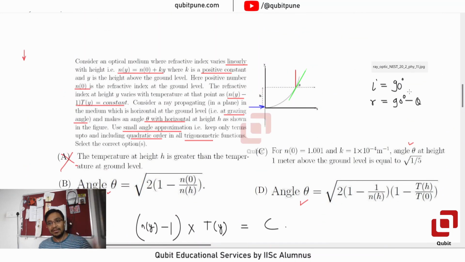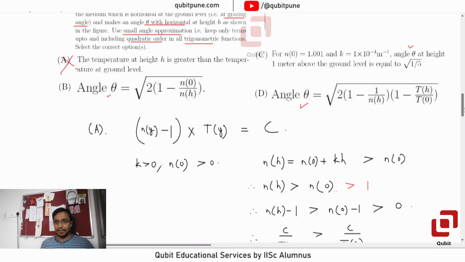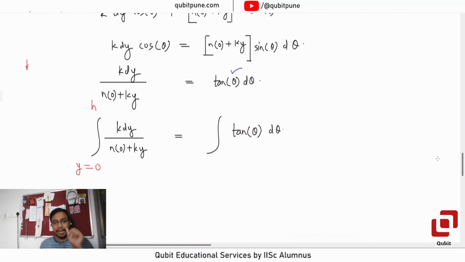So in our notations, what is theta? Theta is 0. Angle with surface, not normal. And this theta is what we want. We are looking for that, right?